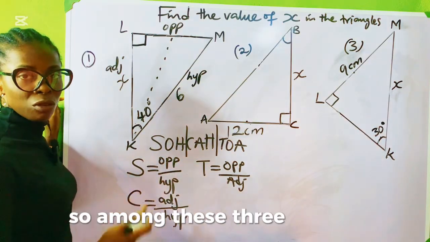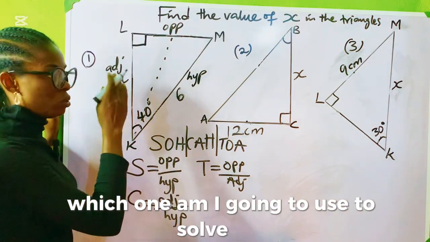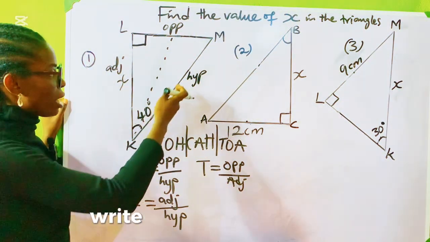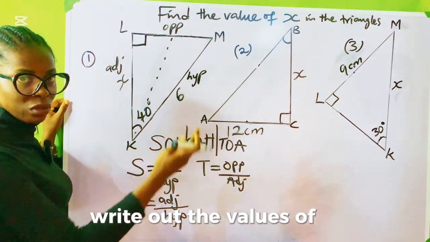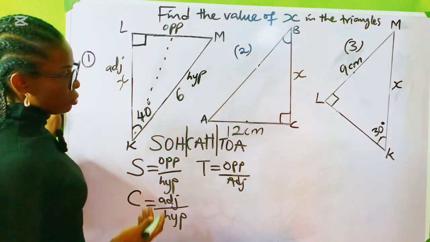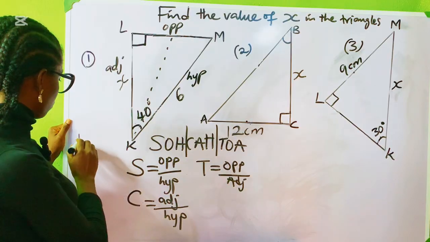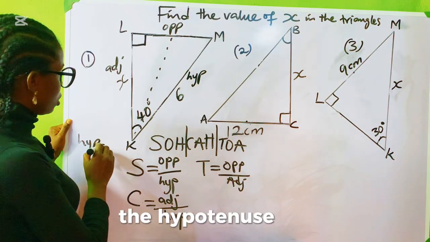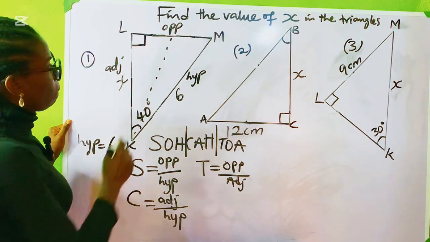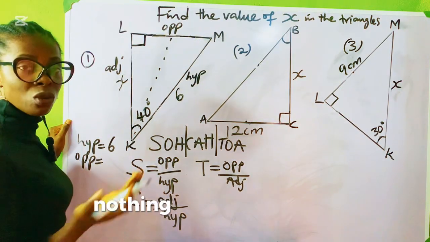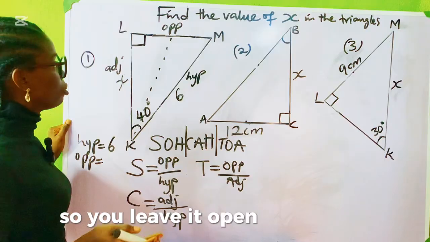So among these three formulas, which one am I going to use to solve this? Another thing you need to do is to write out the values of this. We have the hypotenuse. The hypotenuse is 6. The opposite, nothing was given for the opposite, so you leave it open.